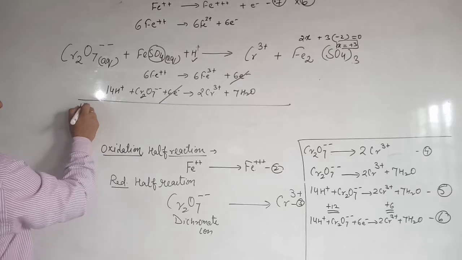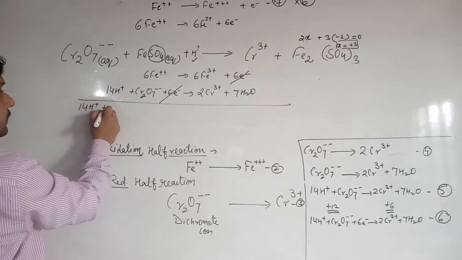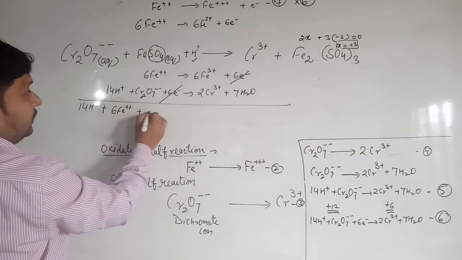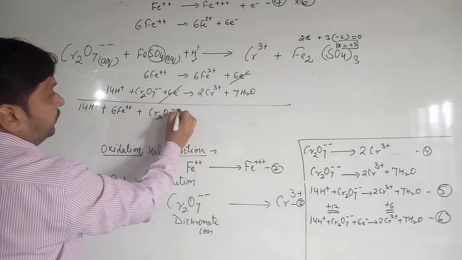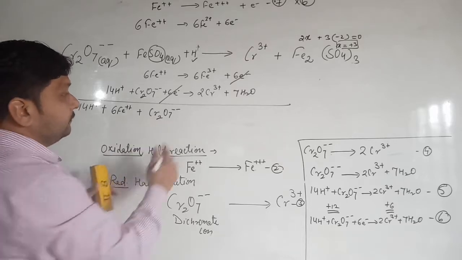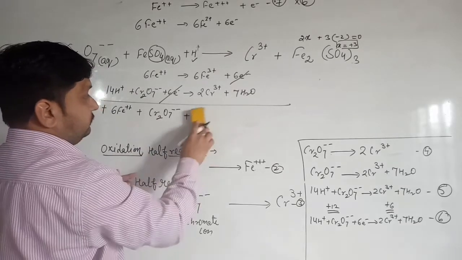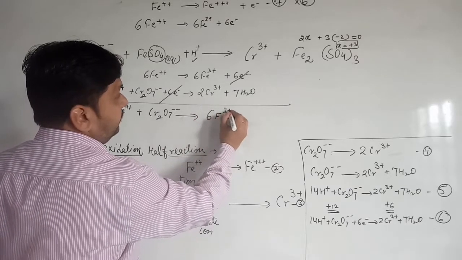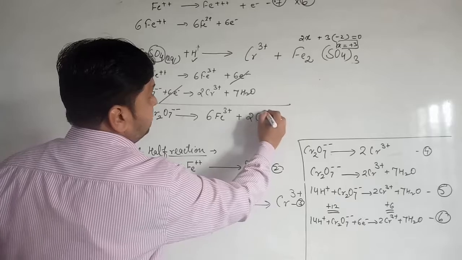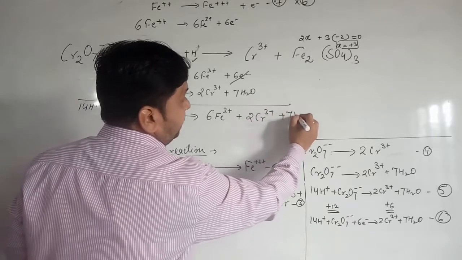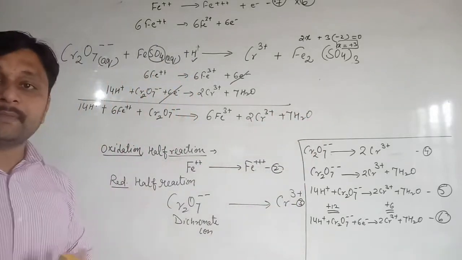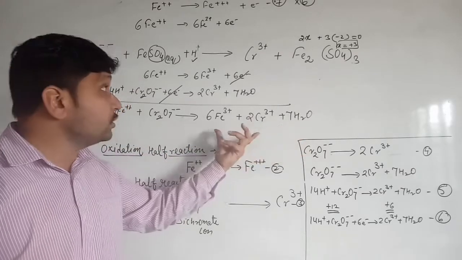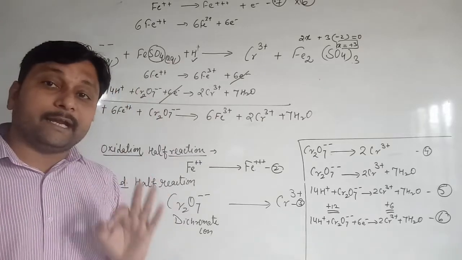Only 6Fe2+ is on the reactant side, and Cr2O7 2-, the dichromate ion, is on this side. Arrow, 6Fe3+ + 2Cr3+ + 7H2O. So this is the balanced ionic equation, and this equation is balanced by the ion electron method.